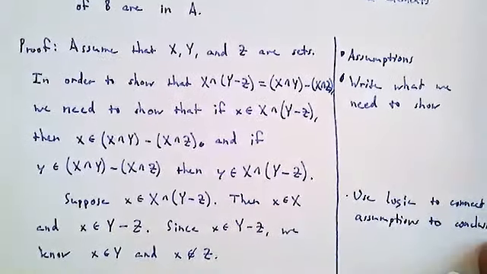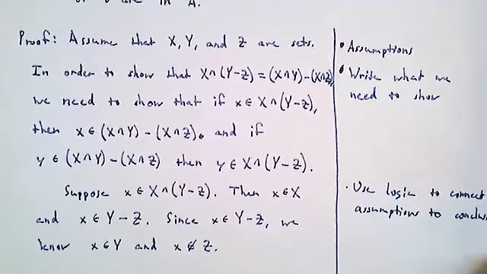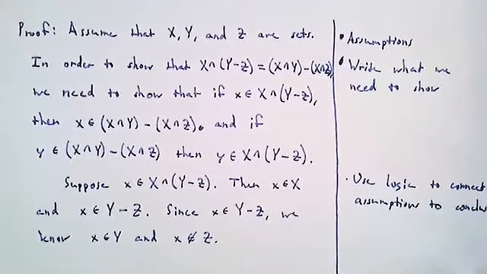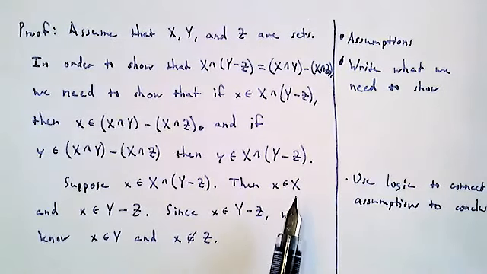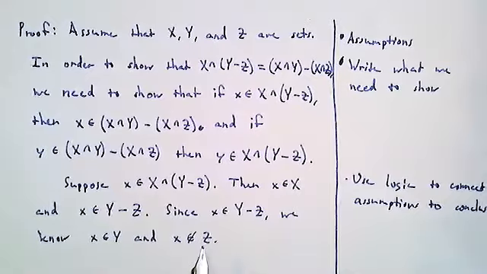Okay. So we're just working through definitions. We know at this point that x is in capital X, x is in y, and x is not in z. So we know three things about x.